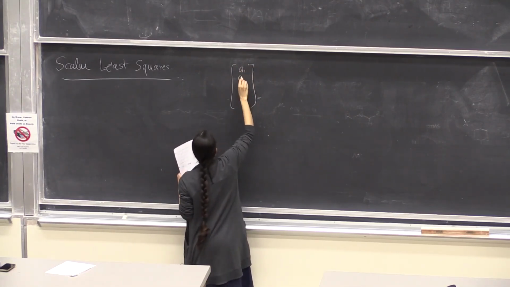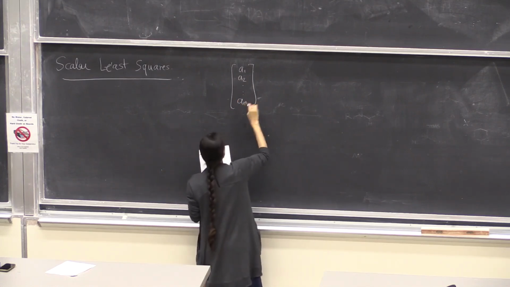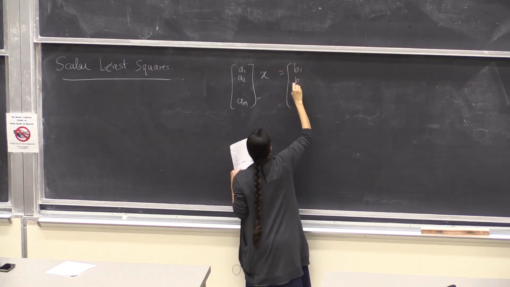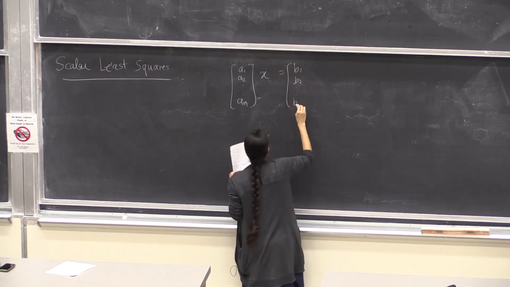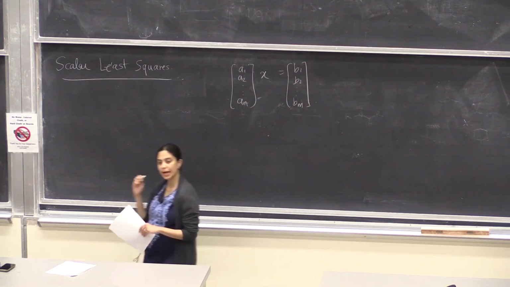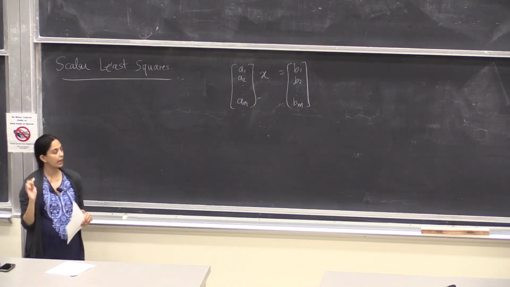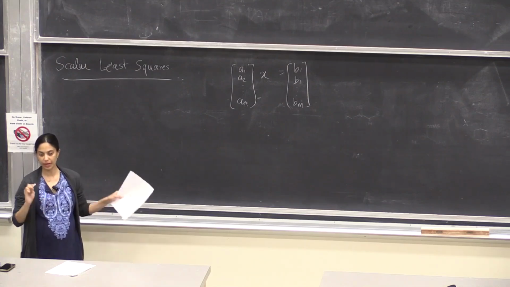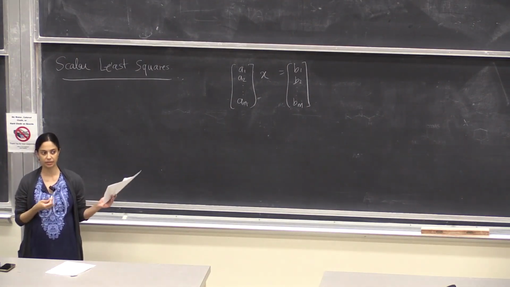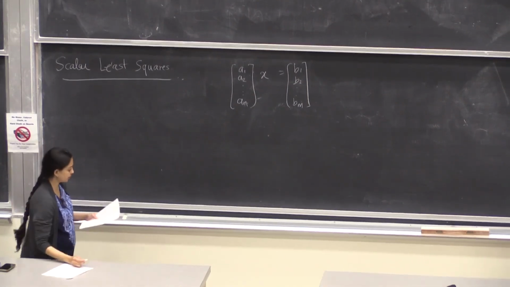If I have a_1 x, a_2 x, up to a_m x, my unknown x is a scalar, a real number. And I have m observations about it: a_1 x equal to b_1, a_2 x equal to b_2, and so on, and I want to find x. Everyone see this? This is a least squares problem? Okay, good.